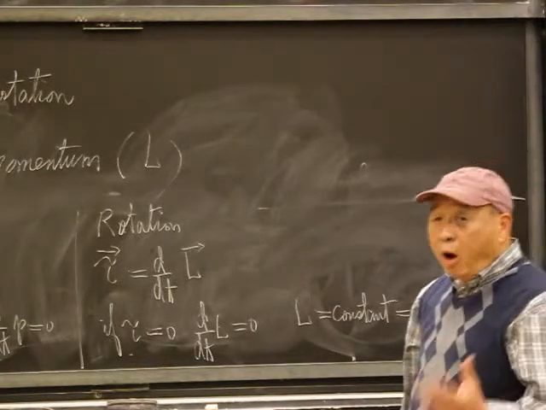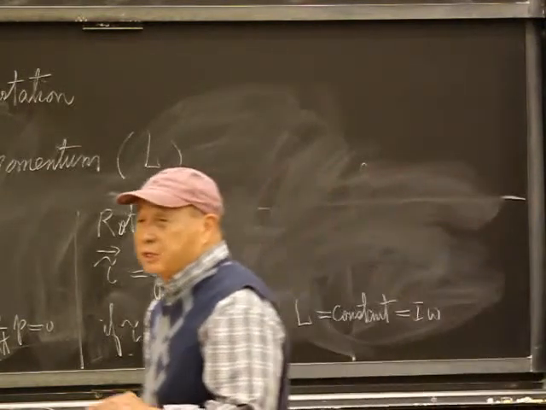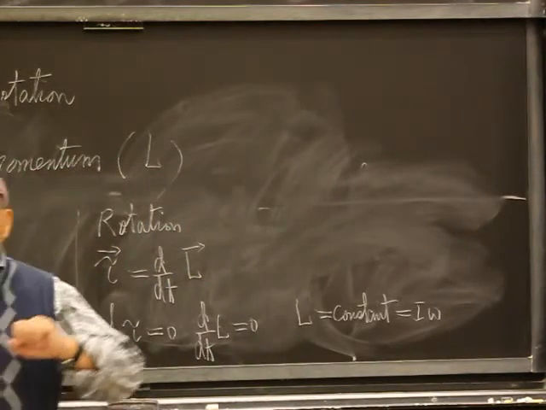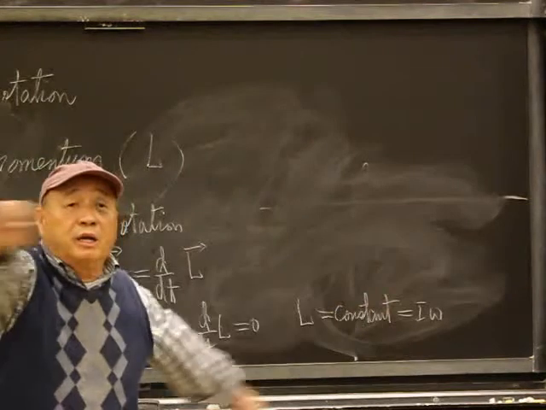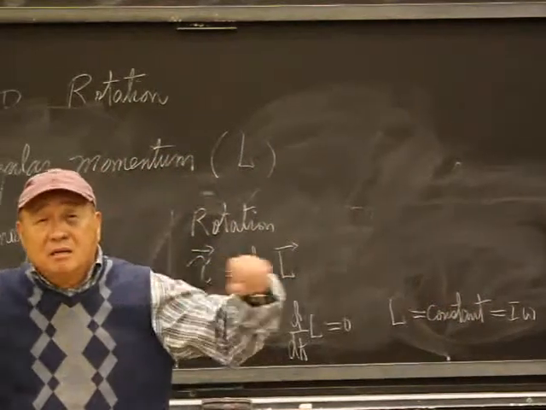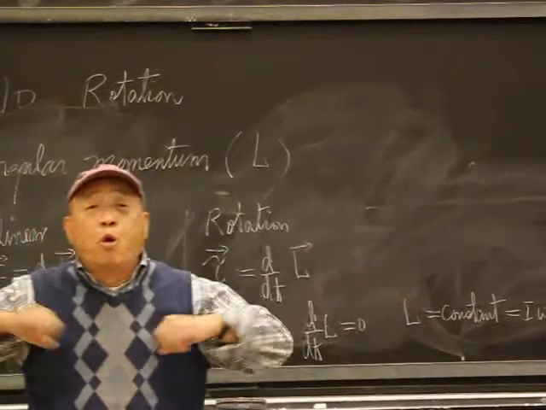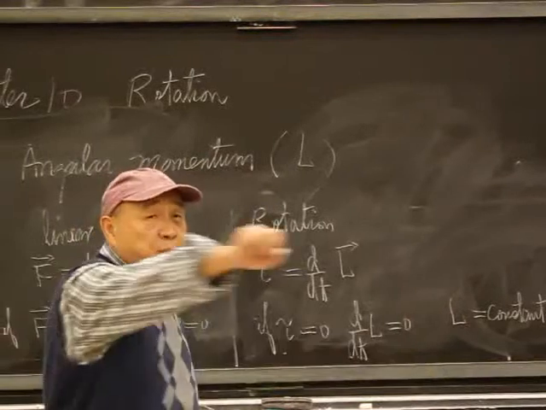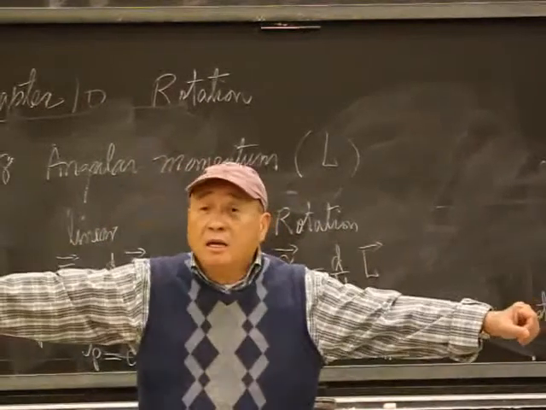That's what a skater takes advantage of, the conservation of angular momentum. When the skater stretches out and rotates, because R is larger, the moment of inertia is larger, so the angular speed is smaller.